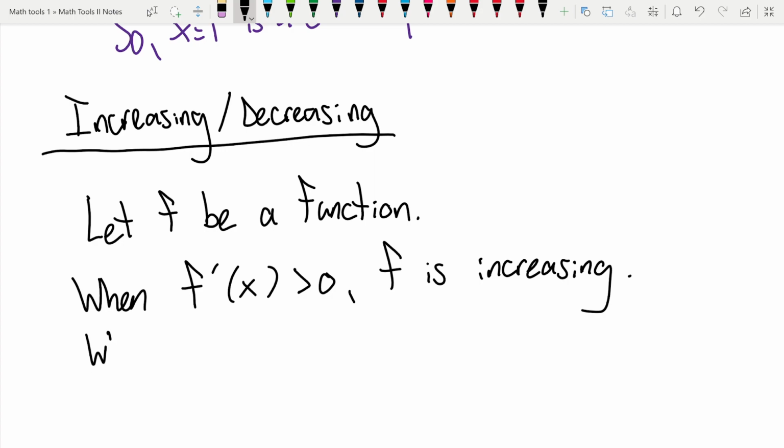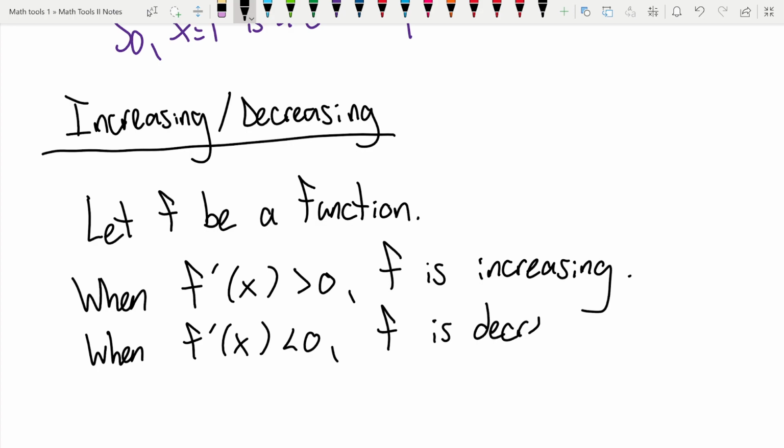Okay. On the flip side, when f prime of x is less than 0, f is decreasing. Okay. And if you don't remember the definitions of increasing or decreasing, it's just what you would expect, right? The f of x values are going up, so the function's going up on the graph.